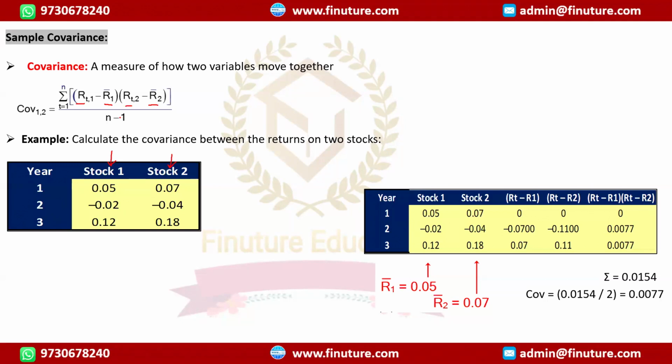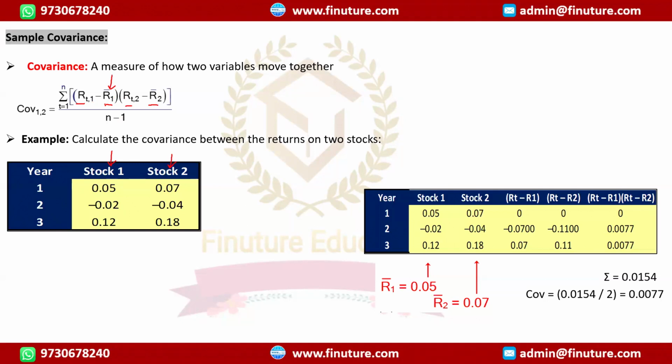Because if I know this x-bar is going to be one of my data points, then you already know the deviation of that data point would be zero.